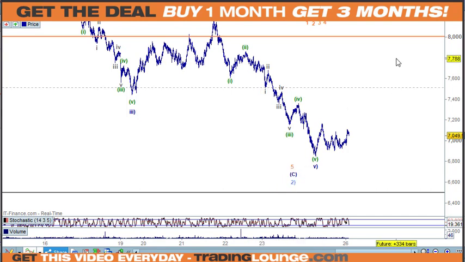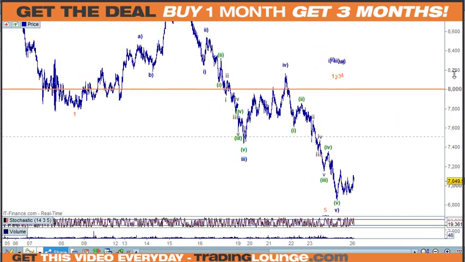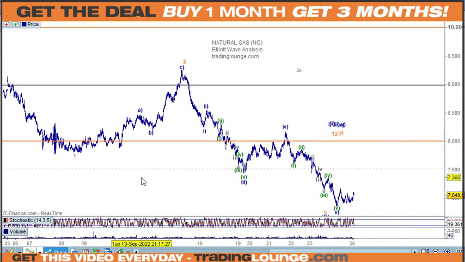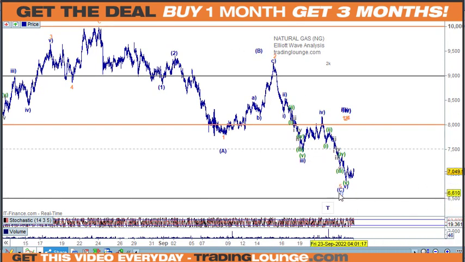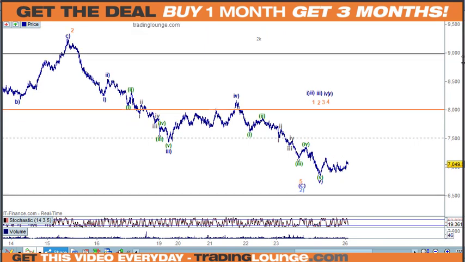So based on this here being a little bit tricky, but based on this being the A wave here, the B wave up here, and the C wave down here for wave 2, that's it there.